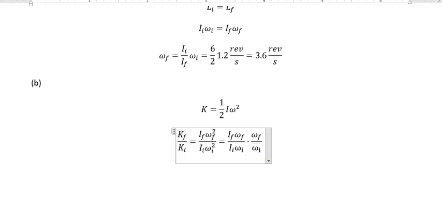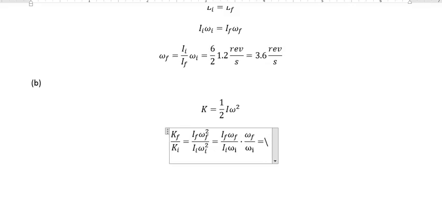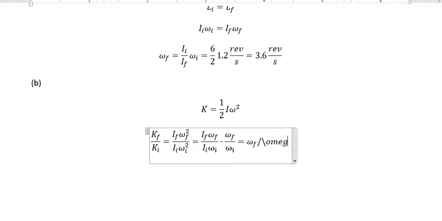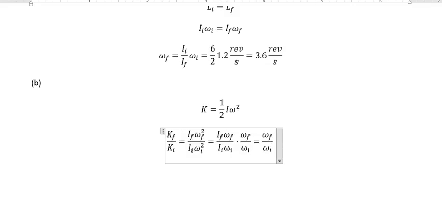You might look at me like I'm crazy because I did this, but this first term is the ratio of the final angular momentum to the initial angular momentum, and that is simply 1, because they're equal.